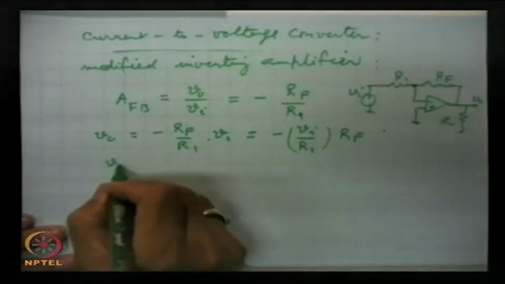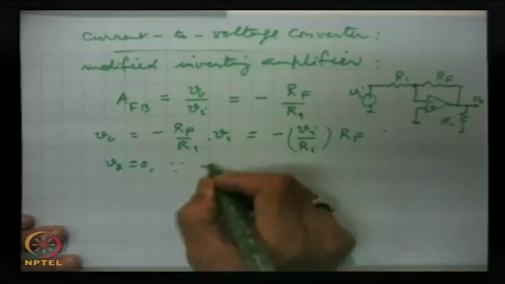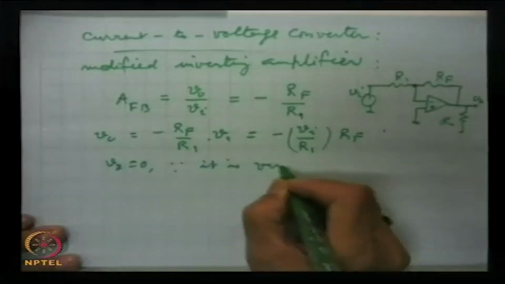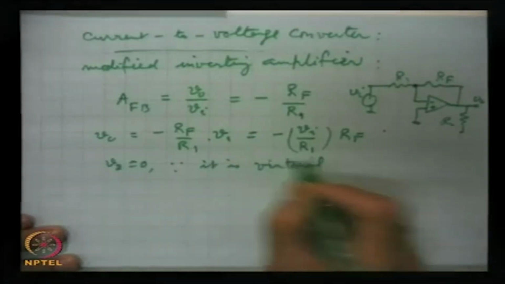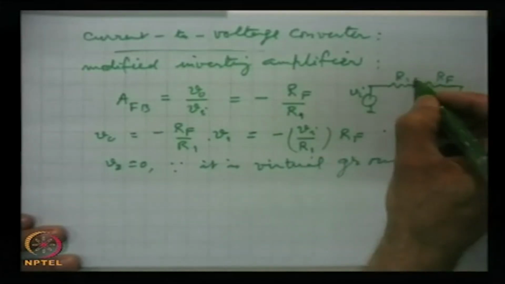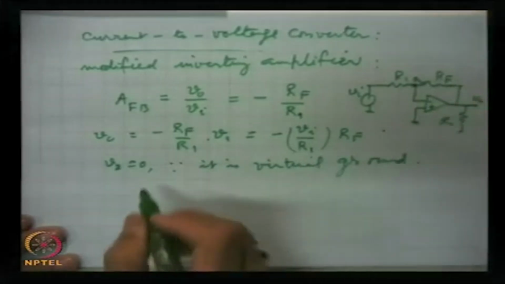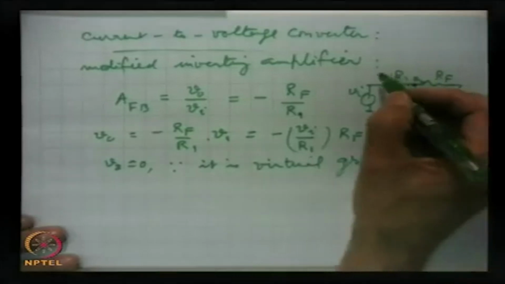V2 was 0 because it is virtual ground. In that case, what will be this current?